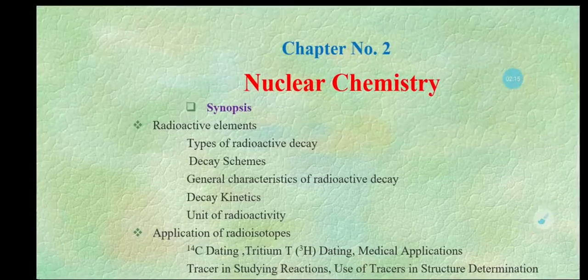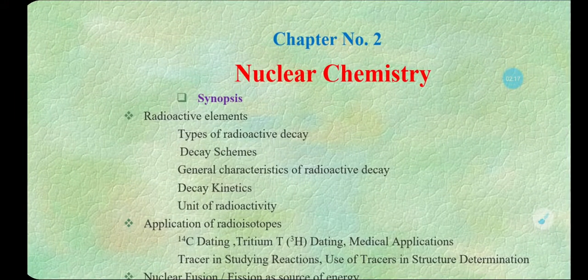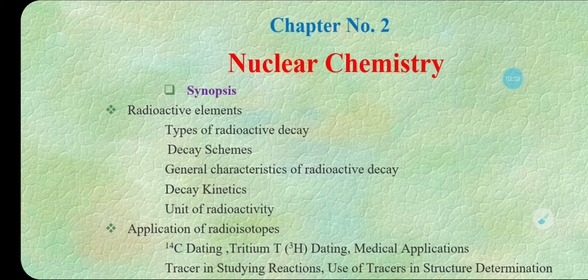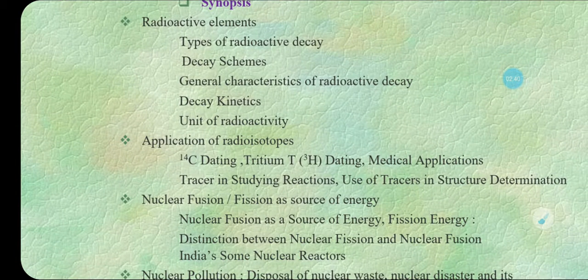Before going to the introductory part, we will just see the syllabus included in the chapter nuclear chemistry. The syllabus contains radioactivity, radioactive elements, types of radioactive decay, decay scheme, general characteristics of radioactive decay, decay kinetics, units of radioactivity.